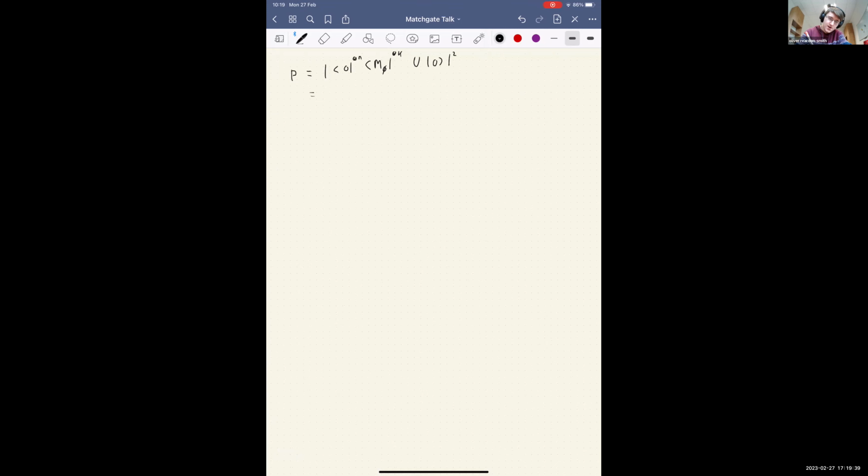Then you have 0 tensor n. Each M was a sum of two fermionic Gaussian states, so the tensor product with k of them becomes a sum over 2 to the k terms when you multiply out all the brackets. So I'm just going to say this is a sum over strings y in {0,1}^k of y tilde.